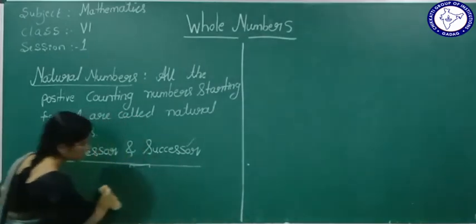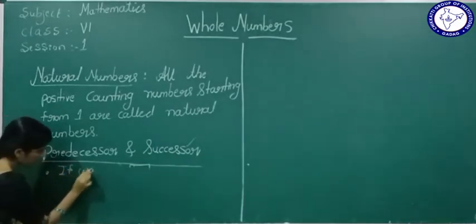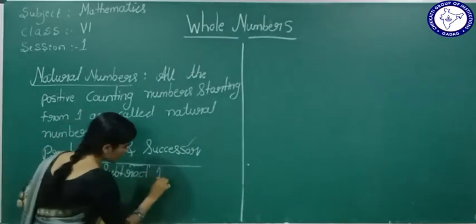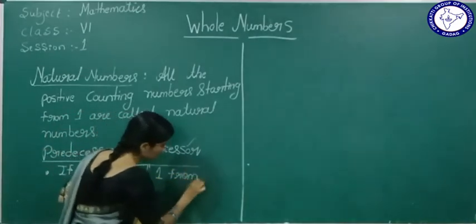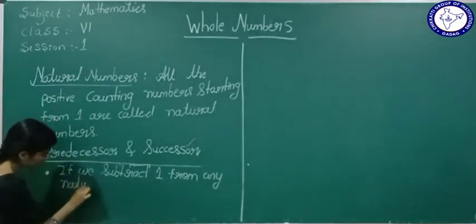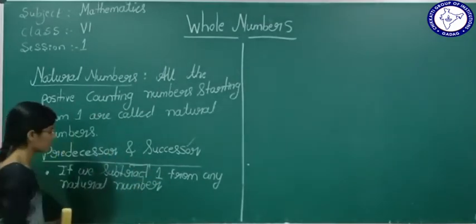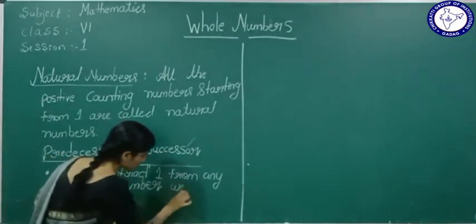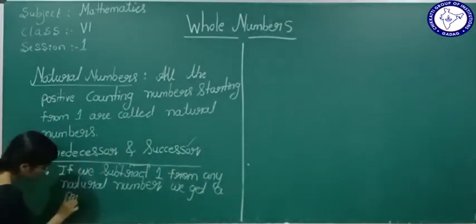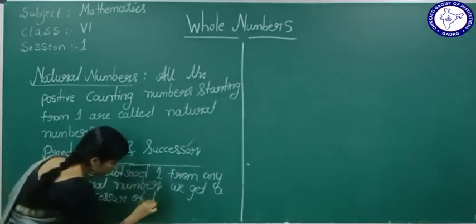Now see here, if we subtract 1 from any natural number, we get a predecessor of that number.